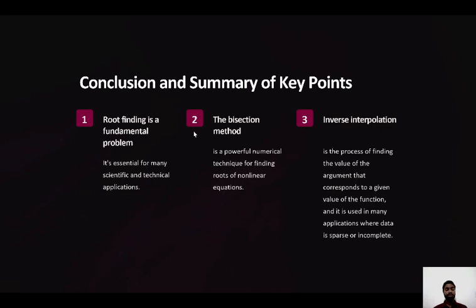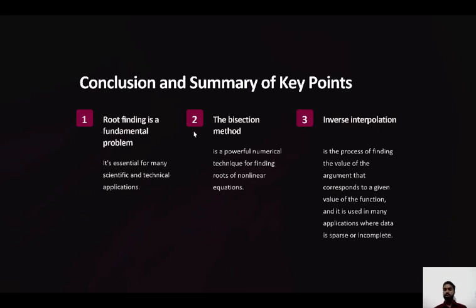First, we can use it in scientific and technical applications. Then, in the bisection method, we can find the roots of a nonlinear equation by this method. Then, with inverse interpolation, we can find the value of the argument corresponding to the value.